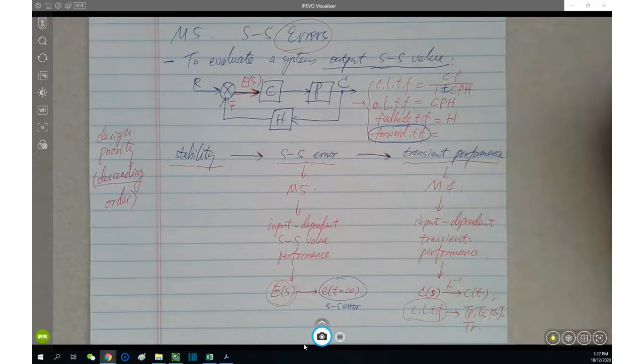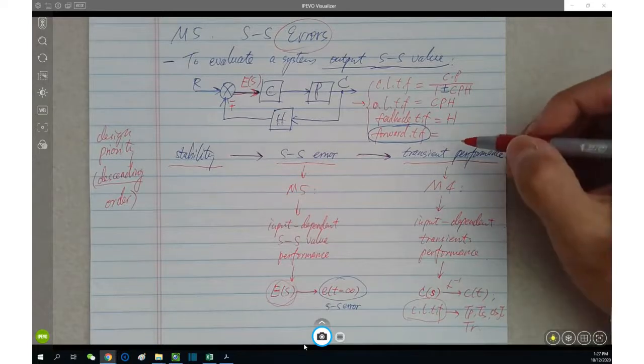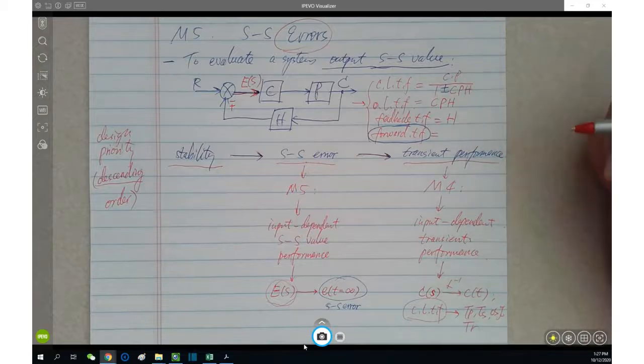Now, who is the forward transfer function? Once again, this particular module 5 is using this particular transfer function. Forward, who is it? You need to understand this very well. Who is the forward transfer function in this system?